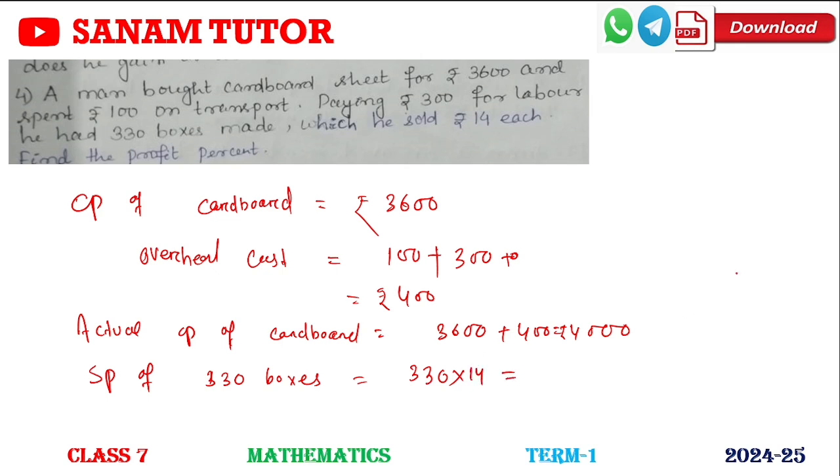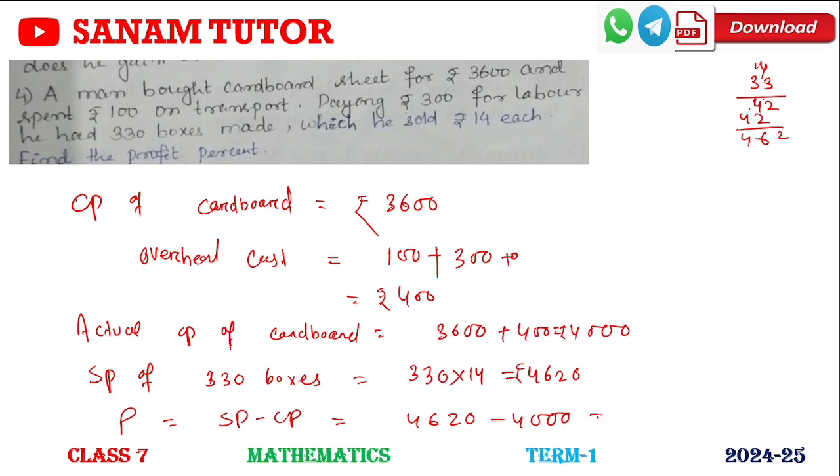So equal to 33 into 14. So 14 3 ja 42, so 4620, means SP is more than the CP. So always profit. So write down profit, first we find out profit, that is SP minus CP, that is 4620 minus 4000 equal to 620 rupees.